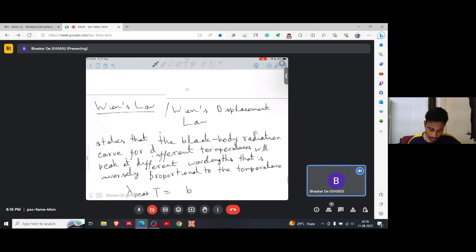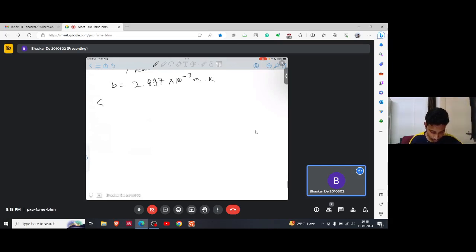Another law is Stefan's law, or the Stefan-Boltzmann law.